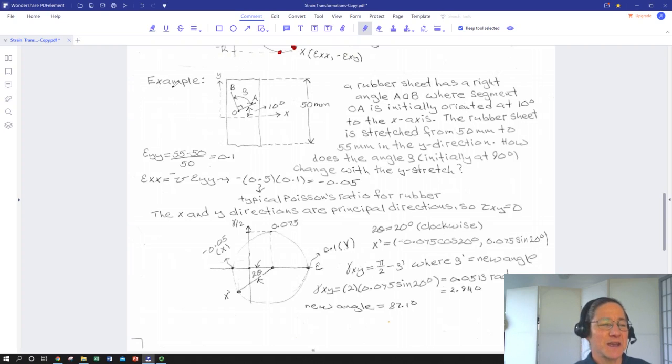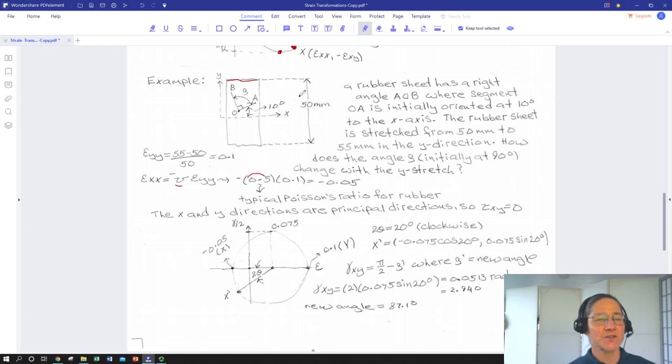So we'll start with this example. We've got a rubber sheet here. It's got a Poisson's ratio of about 0.5 because elastomers have a Poisson's ratio close to 1/2. They're going to behave like a fluid. And it's 50 millimeters long in the Y direction, and we're going to yank on it and induce some strain.